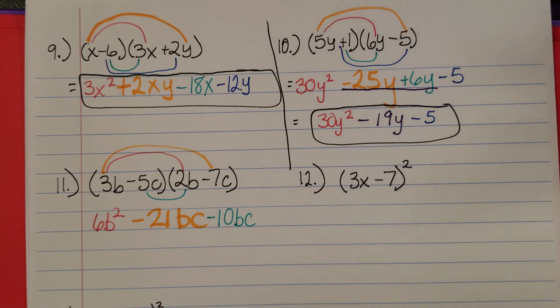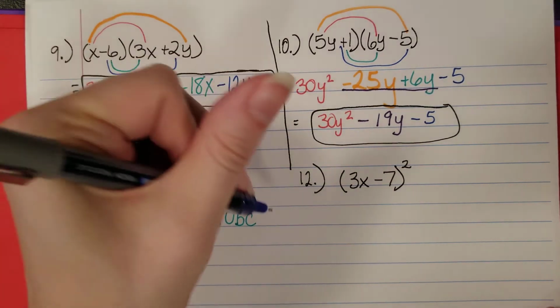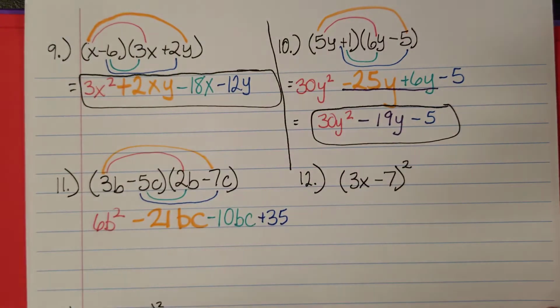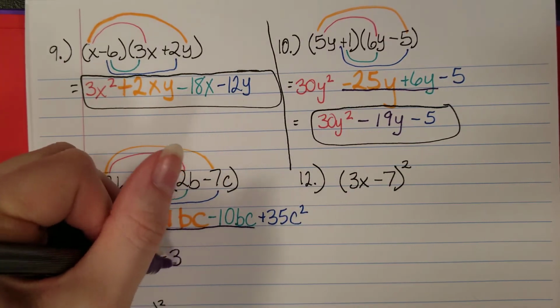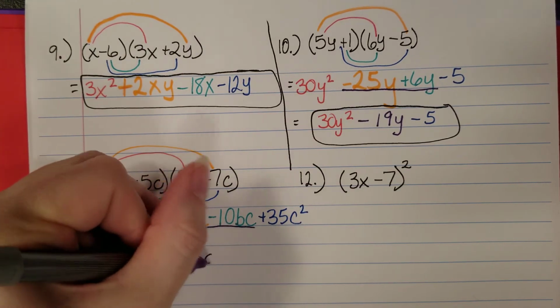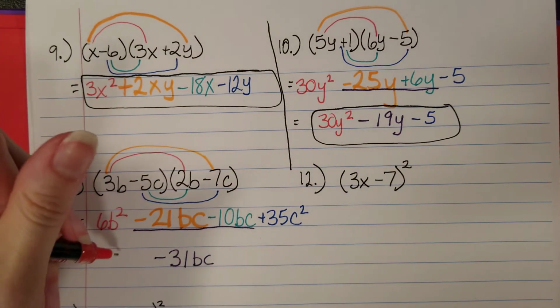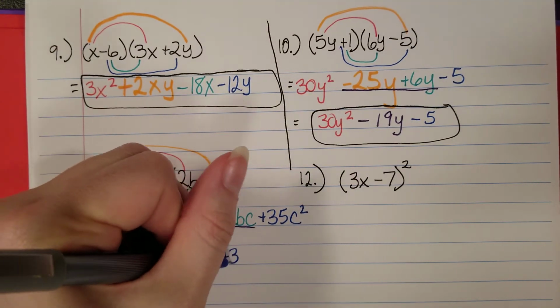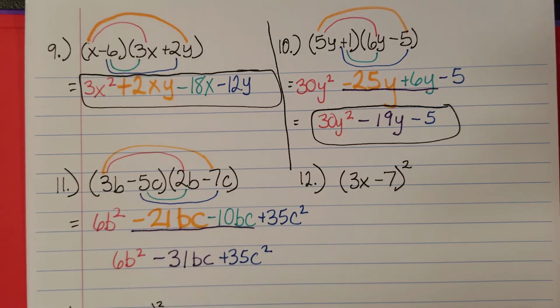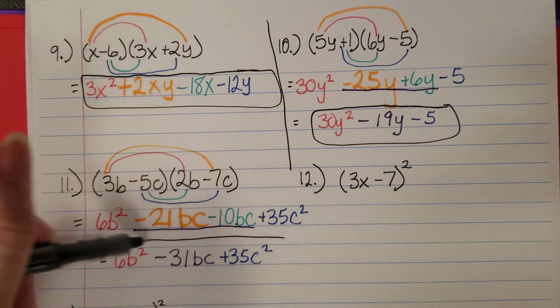You don't really have to. And then last, that would be plus 35c squared. Combine the like terms in the middle. That would make negative 31bc. Bring down 6b squared. Bring down plus 35c squared. And that's our final answer right there.